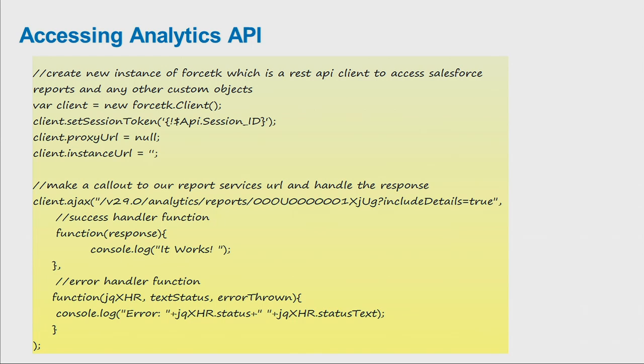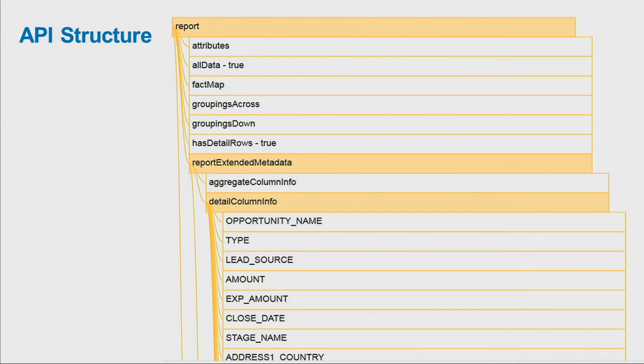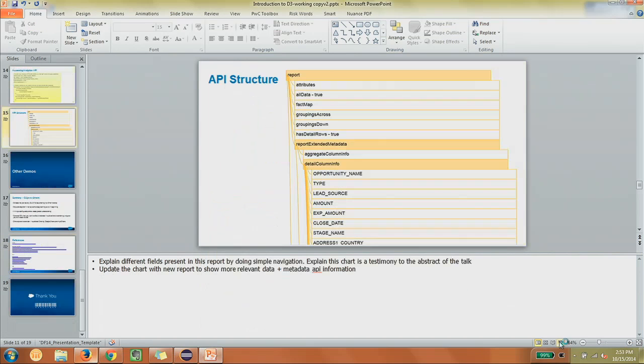That's what I'm doing here. It's very simple, similar to any jQuery ajax request. You have a success function, and you have a function to handle errors, so you just do some processing based on that. This is the structure of the response we get from Salesforce, and I'll show it in the demo so that it looks very cool.